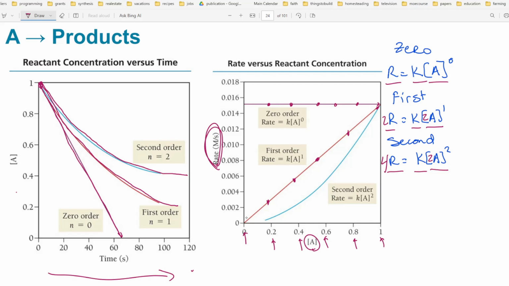So we have a linear graph of concentration versus rate. For a second order reaction, again, we get an exponential curve where we see that the rate increases much faster, the more of A we add. So we get an exponential increase of rate versus concentration.